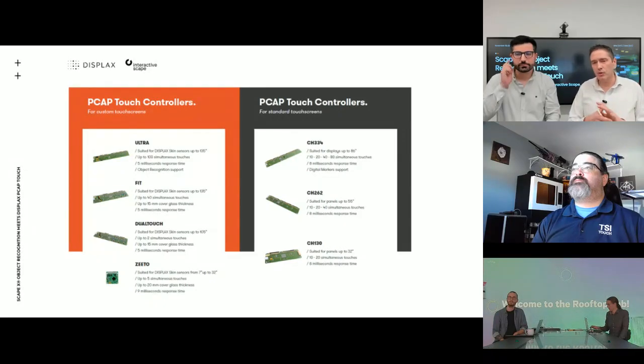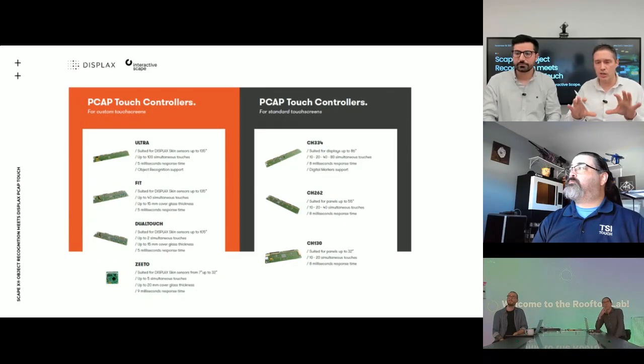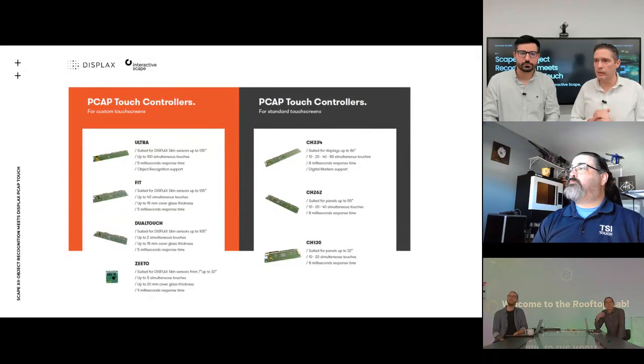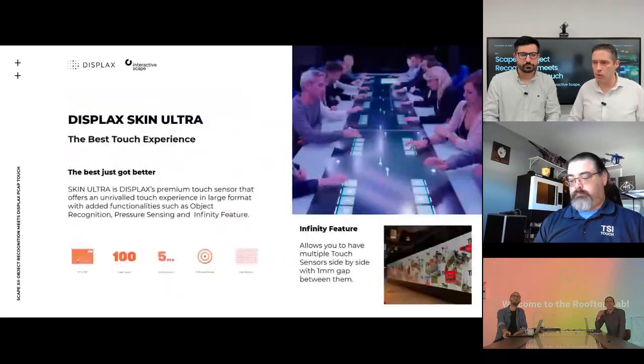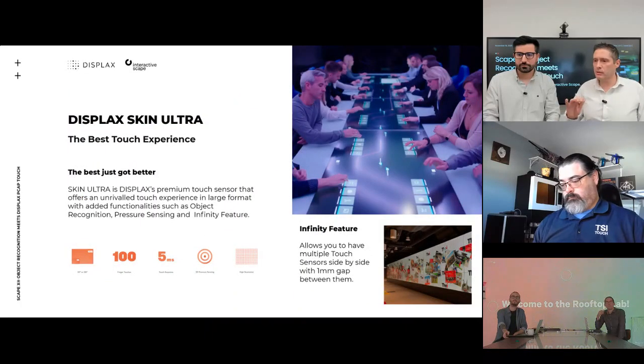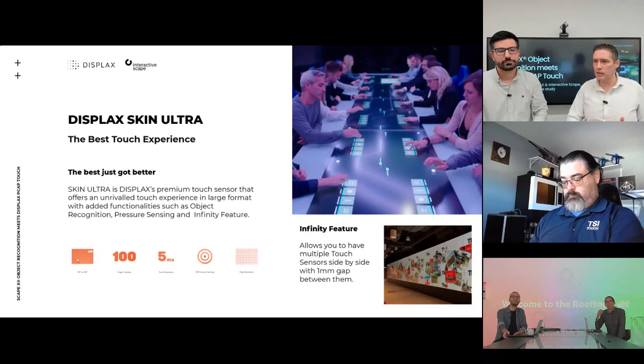So over here on this part of the presentation, we are just giving an overview of our product line. We have a product line for customization and for standardization that gives us the flexibility to address pretty much all the requirements that we see in the market. On our custom touch screens, and that's where we started, our premium product is the Skin Ultra, which delivers the best touch experience.